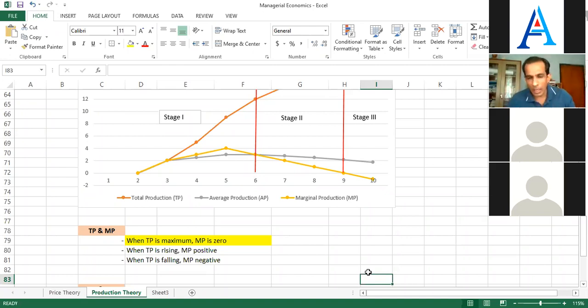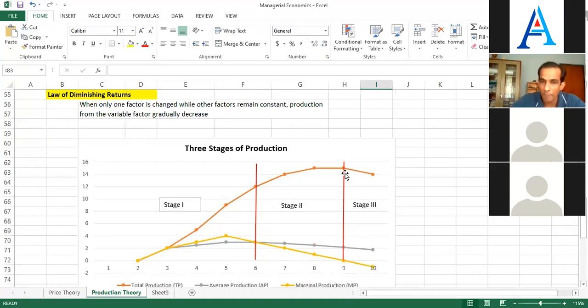Economic theory explains that the total function will be maximum when the marginal function is 0. This is applicable for production, utility, revenue, and profit. For all these functions, total value is maximum when the marginal value is 0. That is one important concept in economics.